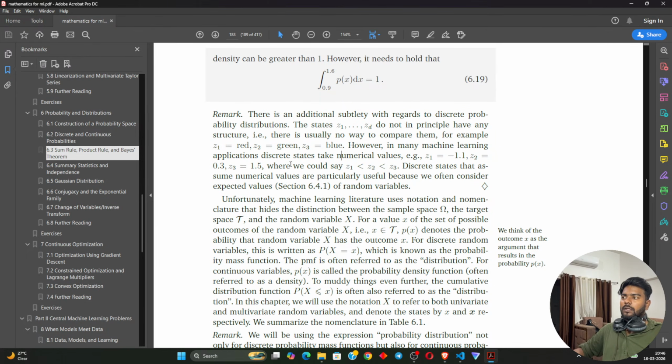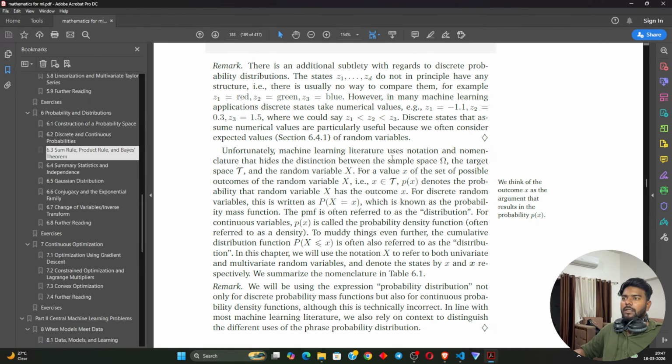However, in many machine learning applications, discrete states take numerical values, as given above: -1.1, 0.3 and 1.5. Here we could say Z1 less than Z2 less than Z3. Discrete states that assume numerical values are particularly useful because we often consider expected values of random variables.